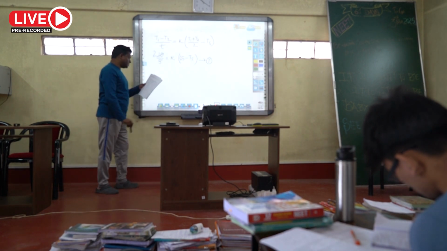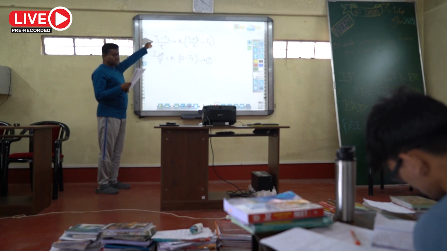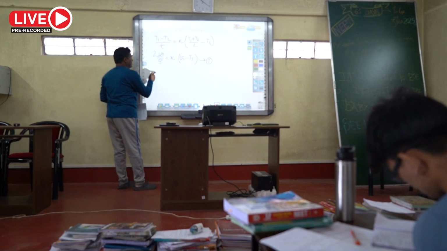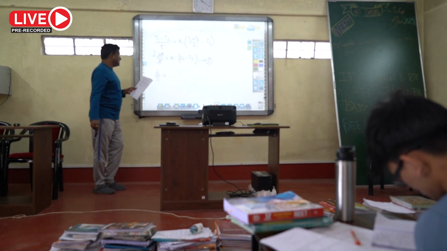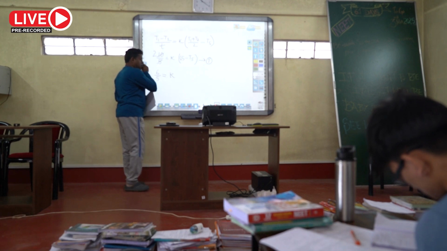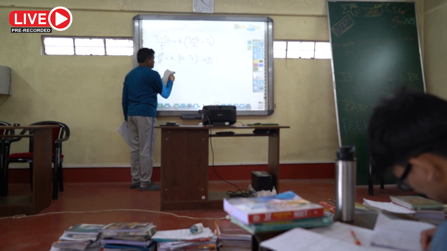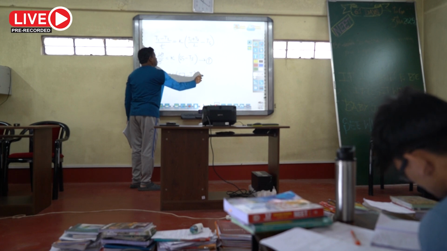For the next equation, it goes from 60 to 54. So T1 is 60, T2 is 54. So 60 minus 54 means 6 by 5. That is coming K into, now 60 to 54 means 57 average, minus Ts, that is 2.